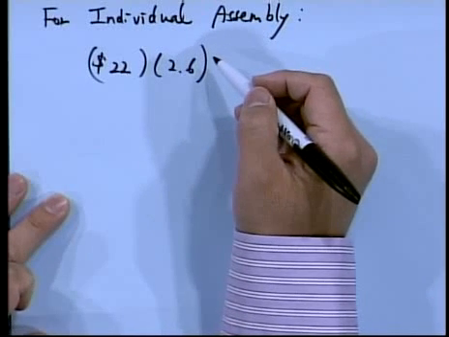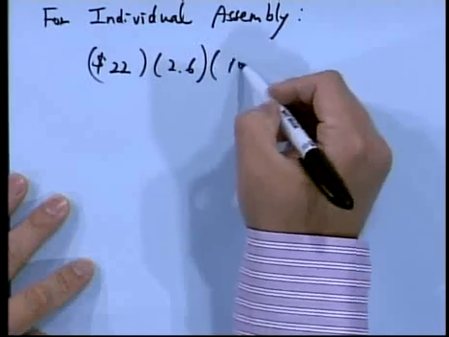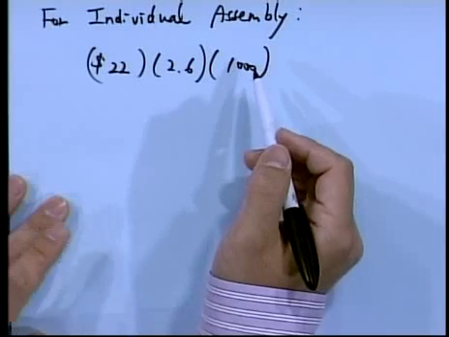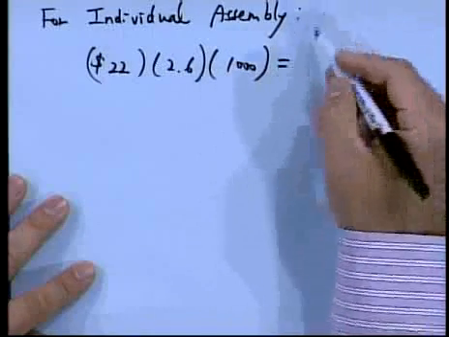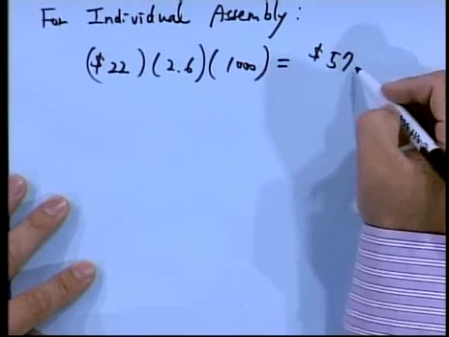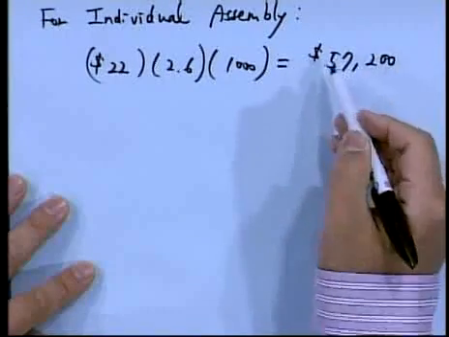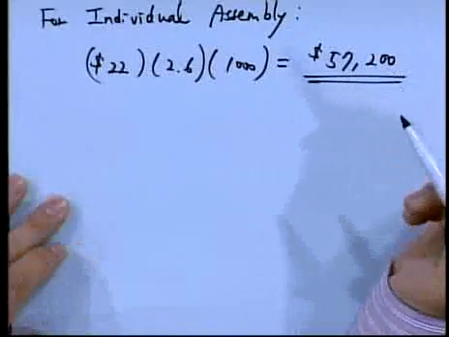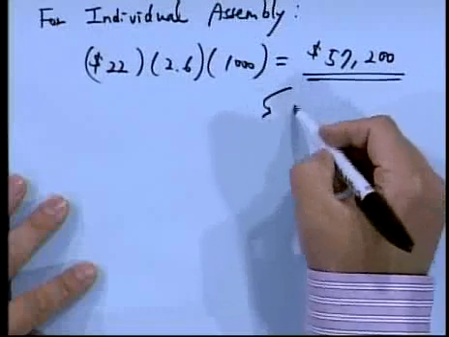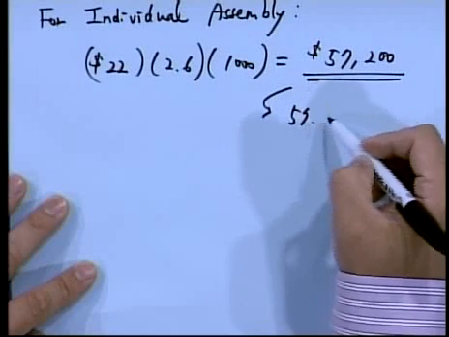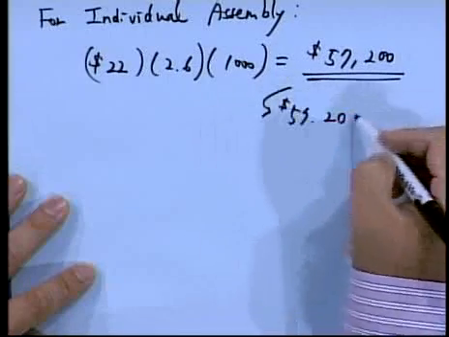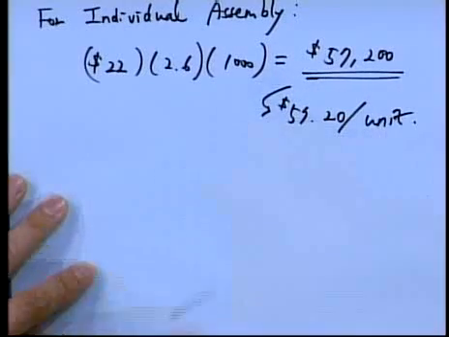And the firm has a contract to assemble 1,000 units. So you need to multiply these three numbers, right? Which will give you $57,200. So this tells you $57.20 per unit. Is that right?